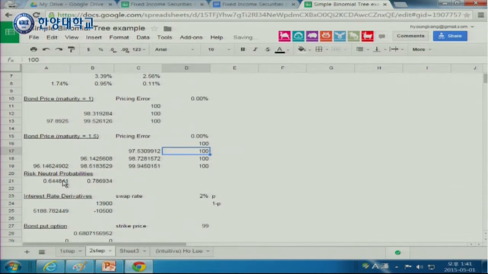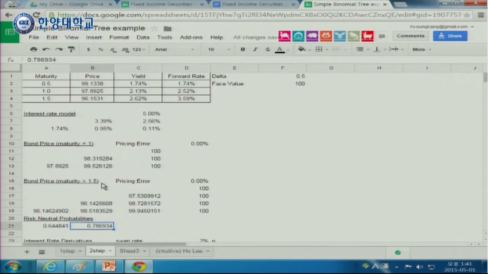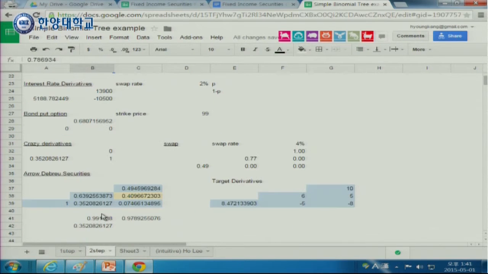So we have 2 risk neutral probabilities: first, risk neutral probability going up from here, and second, risk neutral probability going up from this one. Right now the risk neutral probability of going up is like 64%. But 6 months later, we have no guarantee that the risk neutral probability is the same. And indeed, 6 months later, RNP is like 78%.